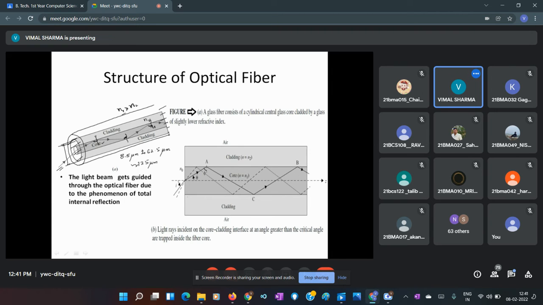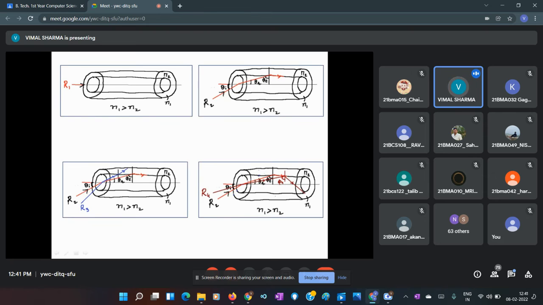Some rays are accepted by the optical fiber, or they travel through these multiple total internal reflections, and some leak out of the core and go into the cladding and then move out. So to explain all this, let us see this. I've made 4 different diagrams for you showing how we can launch light through the optical fiber.